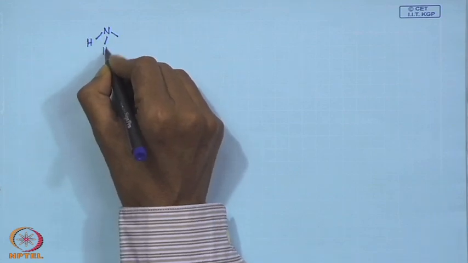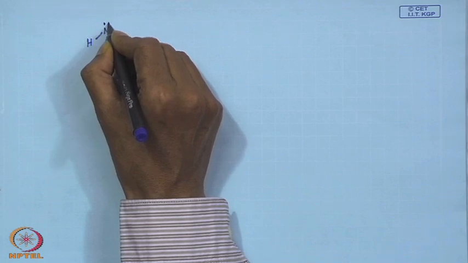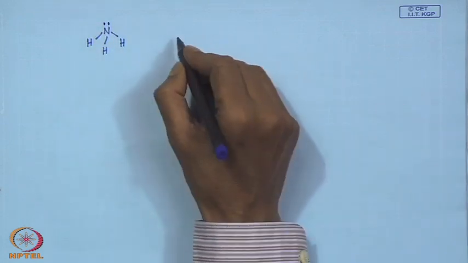ammonia. The ammonia lone pair was utilized for bonding to the metal center.